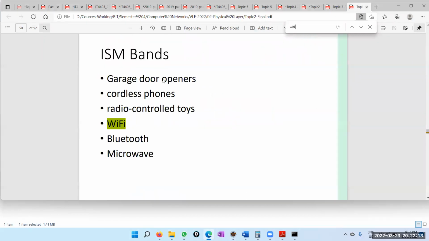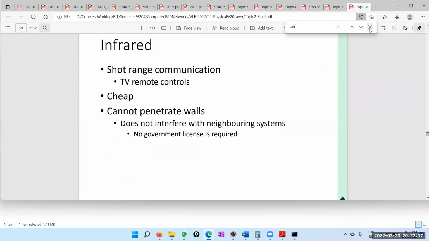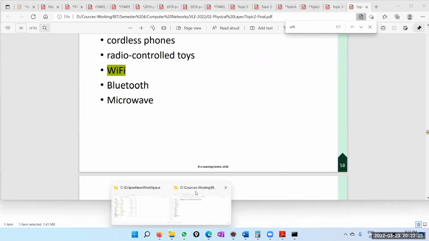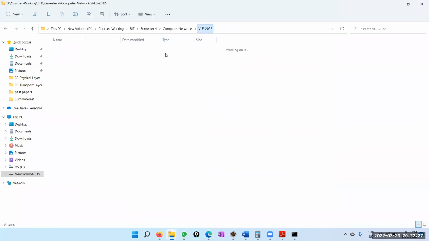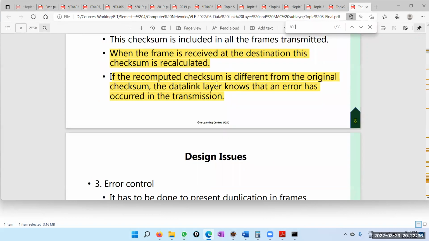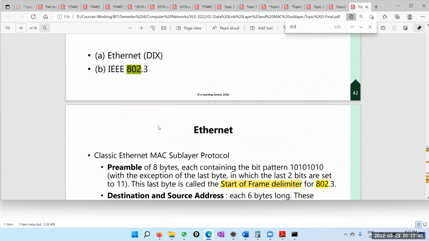Then it must be, yeah, ISM bands and those things are here. So ISM bands means the frequency ranges we use. Maybe data link layer. Yes, I think it's a data link layer.